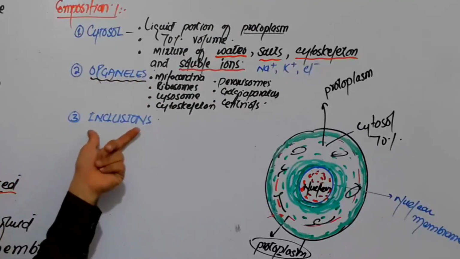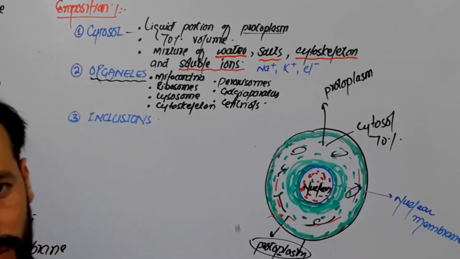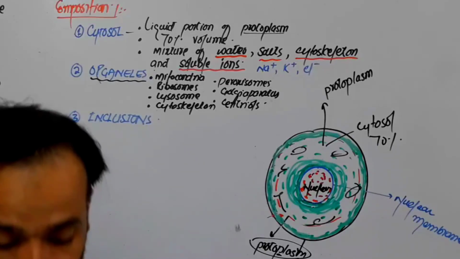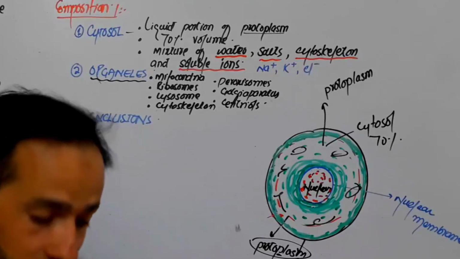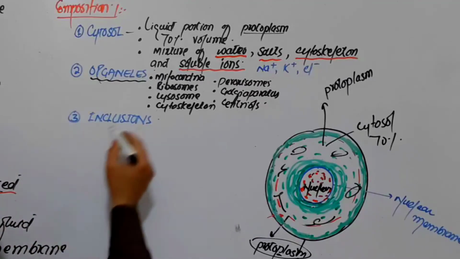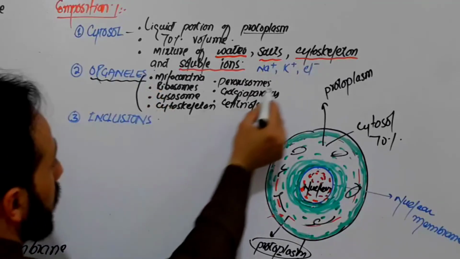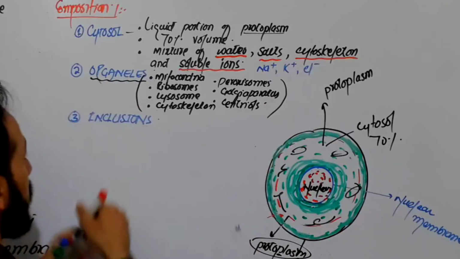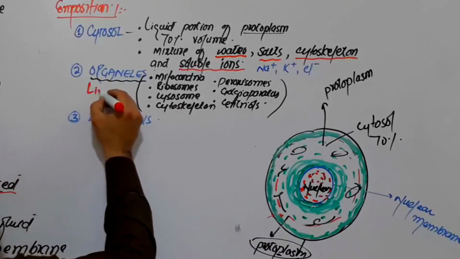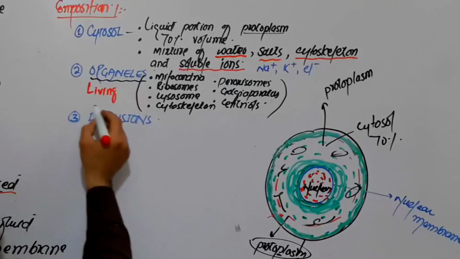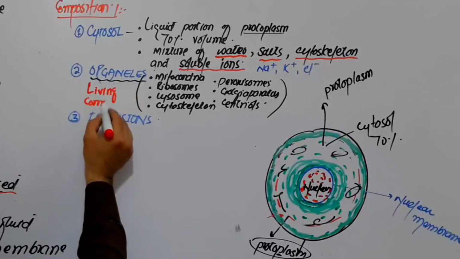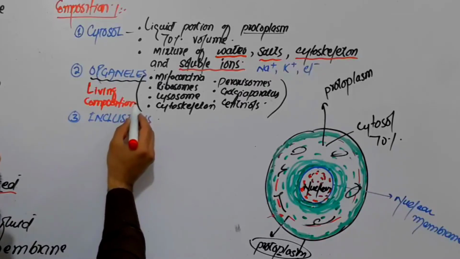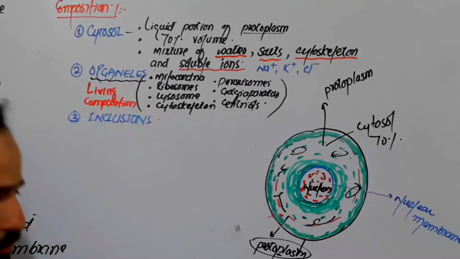Then we come to the inclusions of the cytoplasm. What are these inclusions? Inclusions are the non-living components of the cytoplasm. Here I said that these organelles are the living components. Mostly we say that these are the living components. Why? Because they are always functioning inside the cytoplasm.